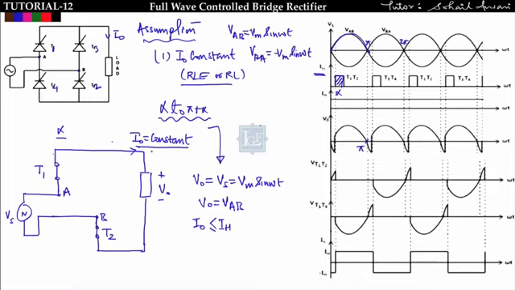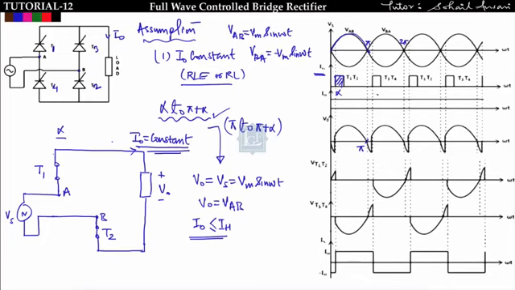But here I am assuming that I naught is constant, meaning the load is either RLE or RL type of load, which is a highly inductive load. So even after the supply voltage reverses, T1 and T2 have to conduct after pi, because the load current is constant. The load current is not becoming less than or equal to the holding current. So it will not go into the off state after pi. So it will continue to conduct from pi to pi plus alpha also.